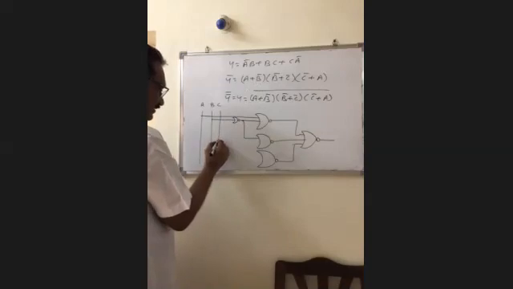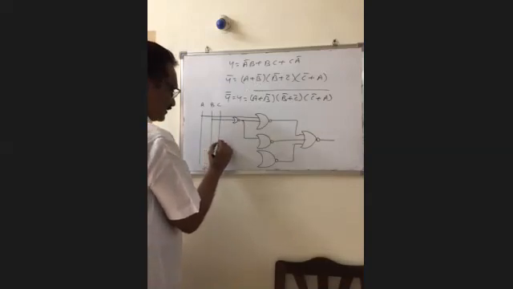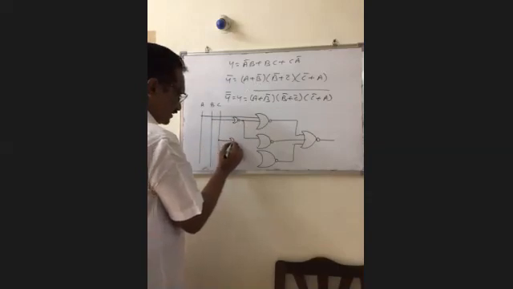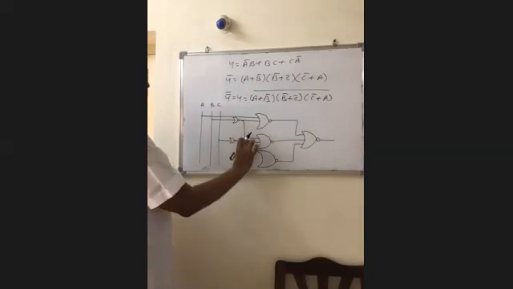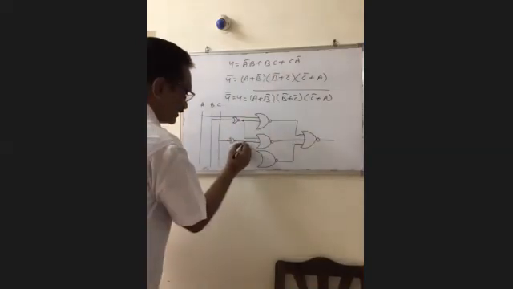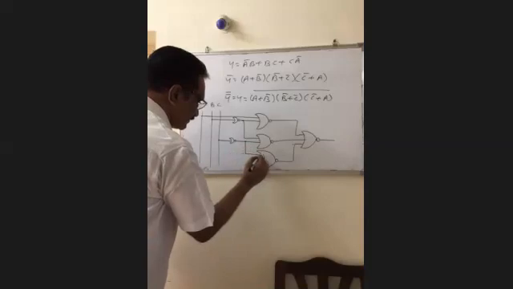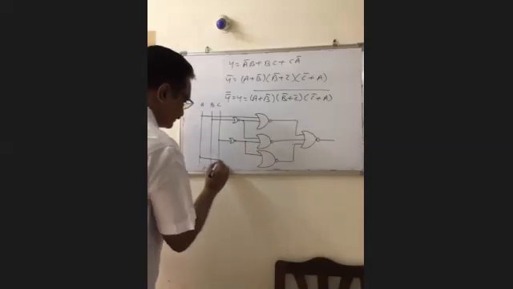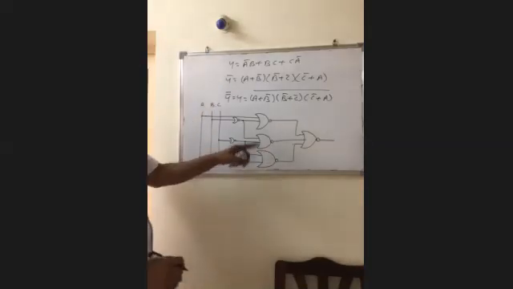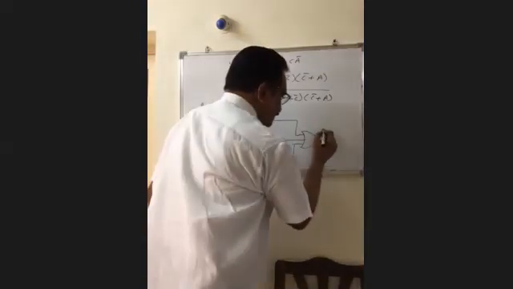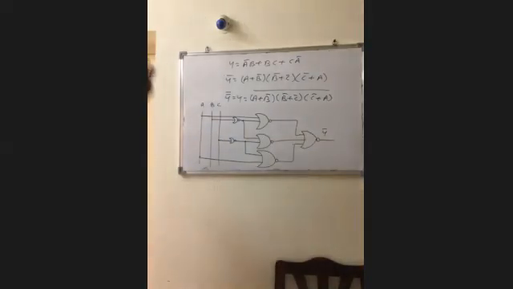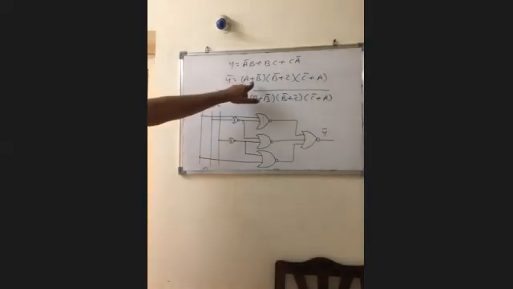For C bar, use one single input NOR gate here also. So these are the B bar, C bar inputs. For the next one, C bar, A. No doubt in that one. The output of this NOR gate is the Y bar, and it is in POS form.